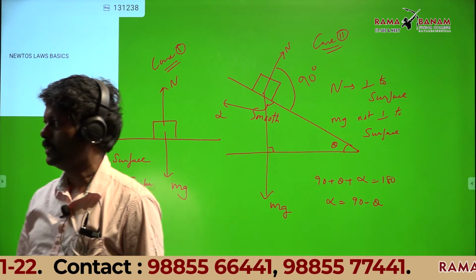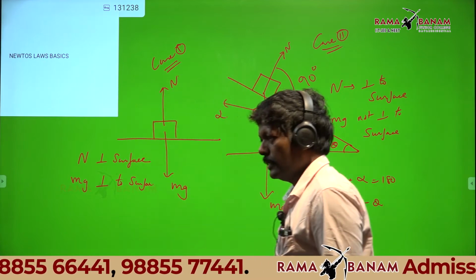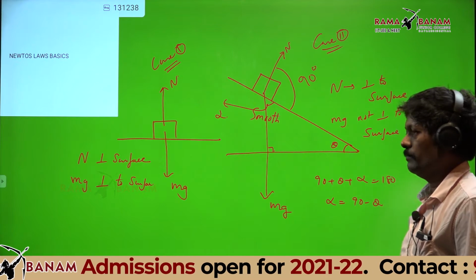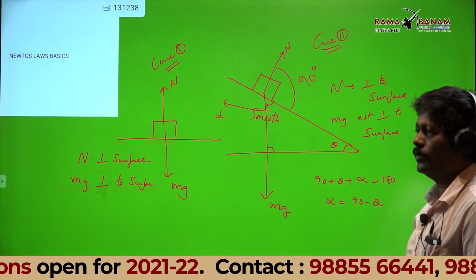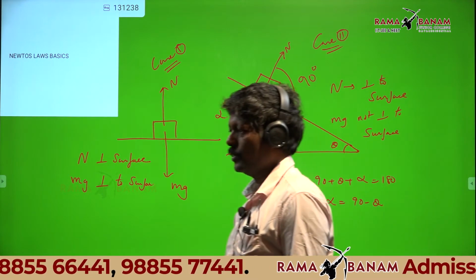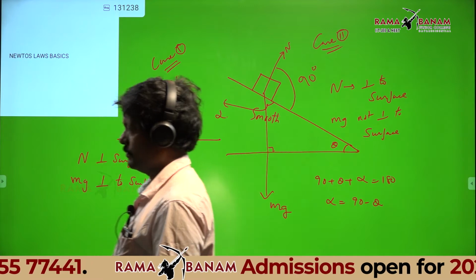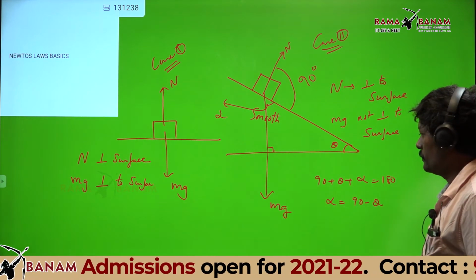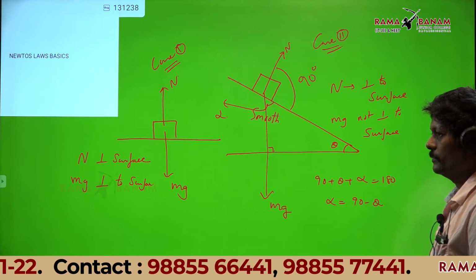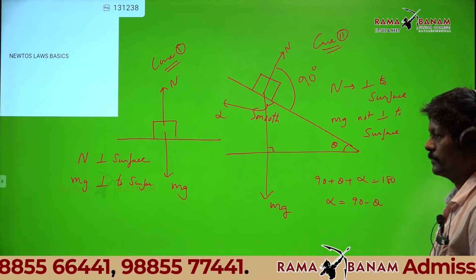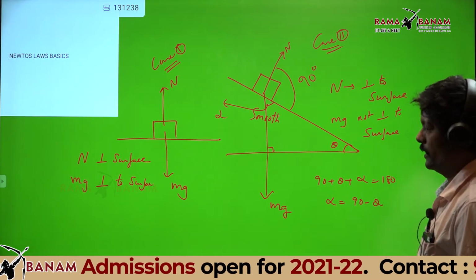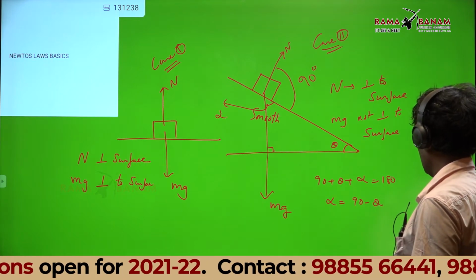Normal reaction is always perpendicular to surface, but mg means weight of the body, but mg may or may not be perpendicular to surface. Ninety minus theta. Completed?